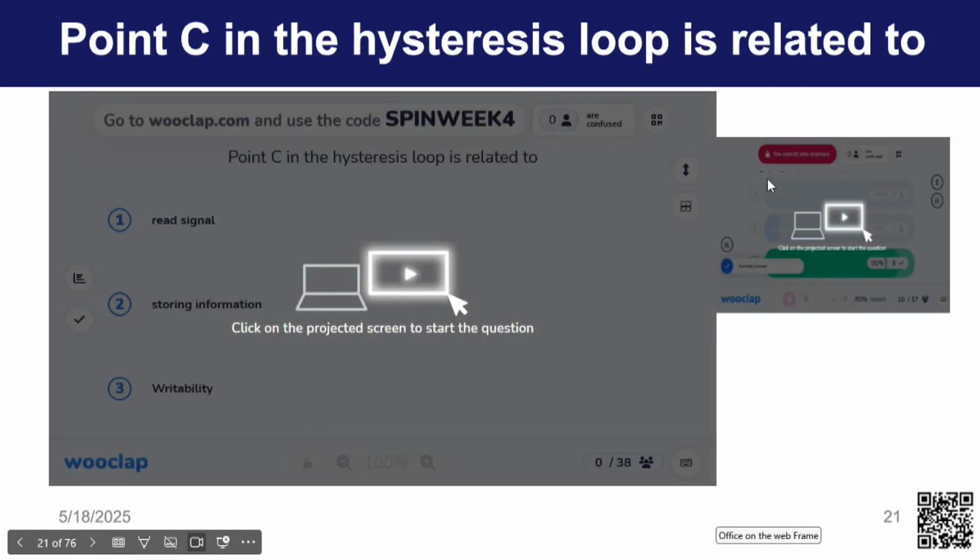Next question is about point C. Okay, let me copy and paste the correct picture.